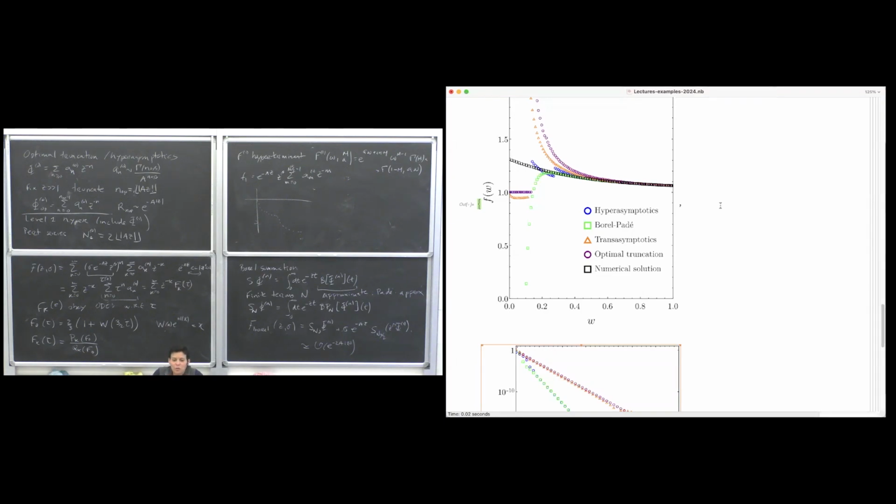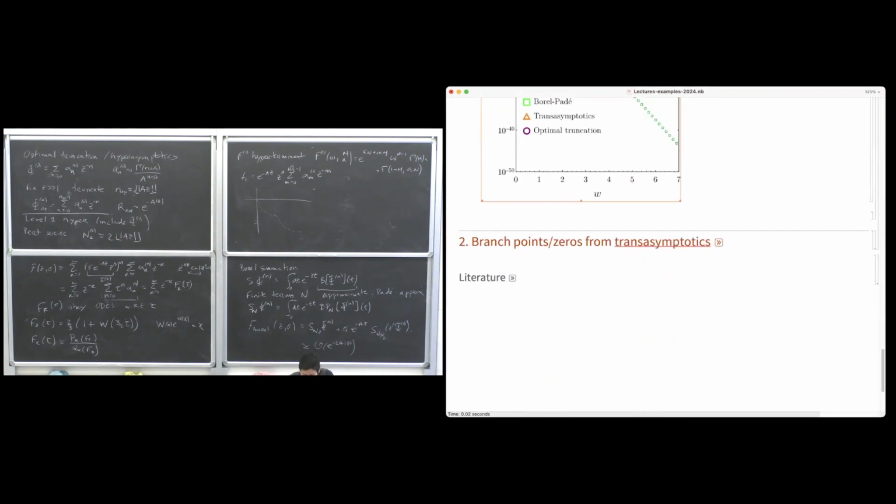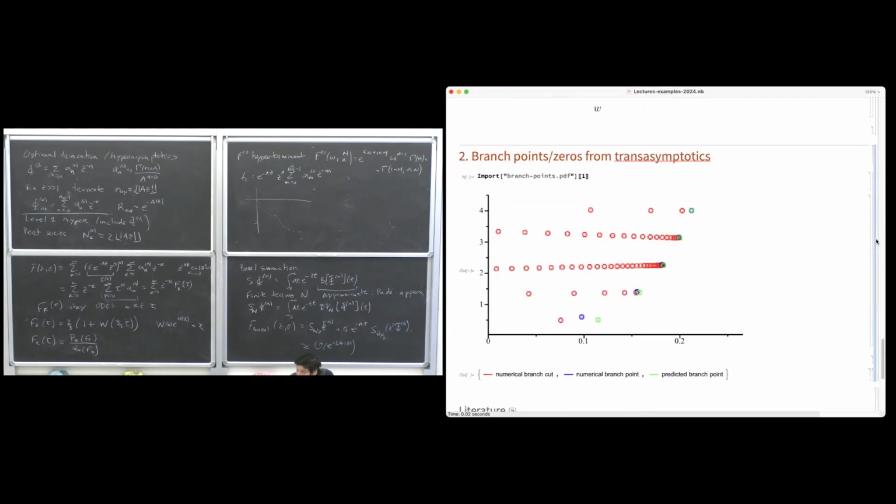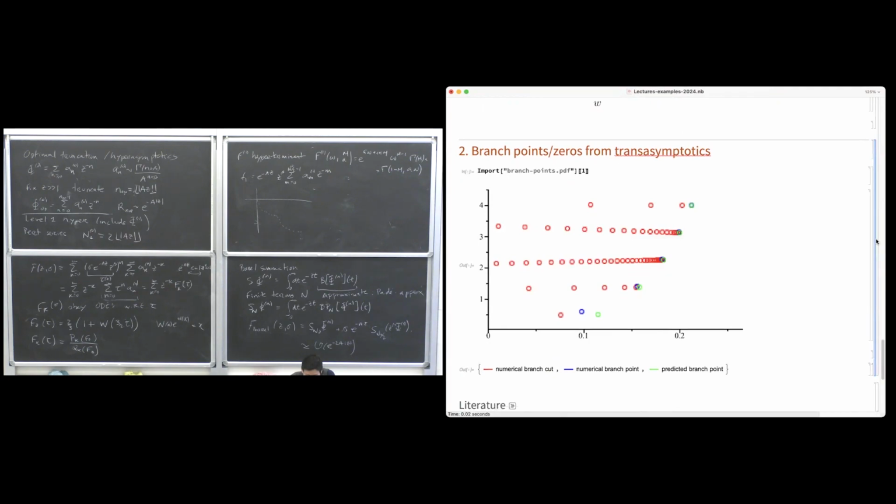Why is this useful? I will finish by showing, meaning I still have 10 more minutes, so I will still do the calculation. If you analyze the solution of the ODE in the z plane, it has branch cuts. Actually, it has an infinity of branch cuts.